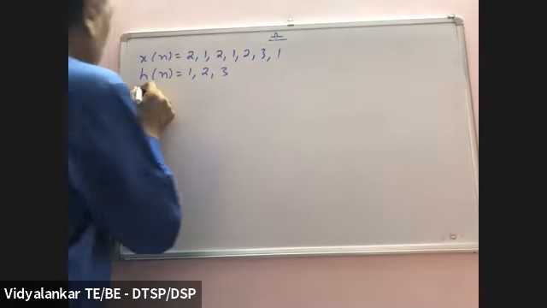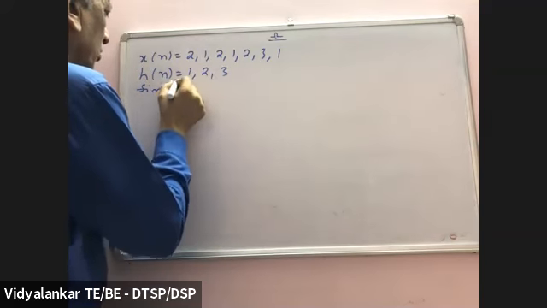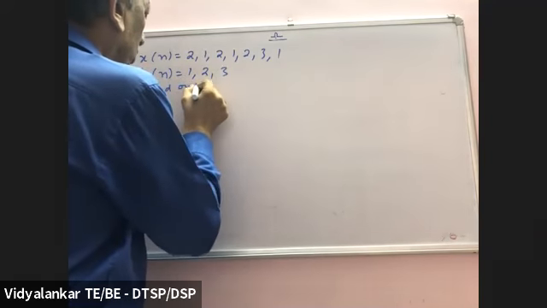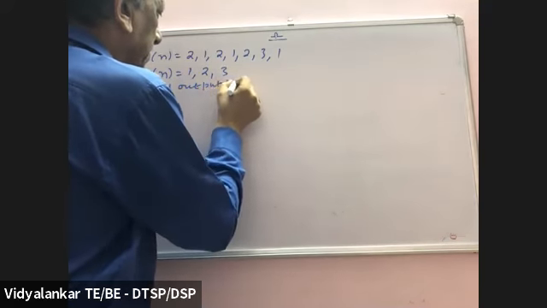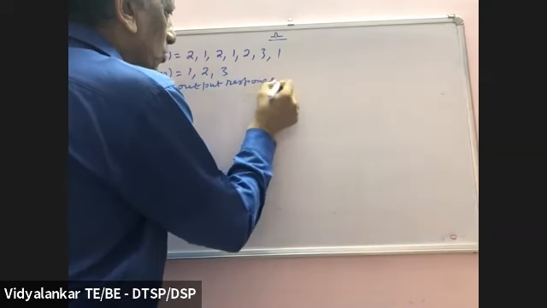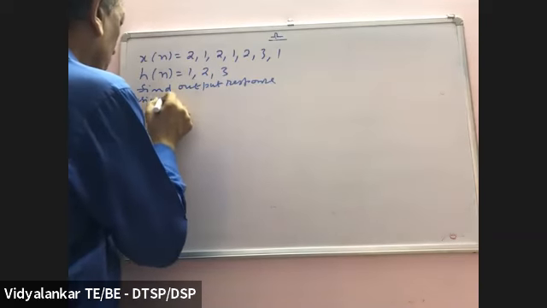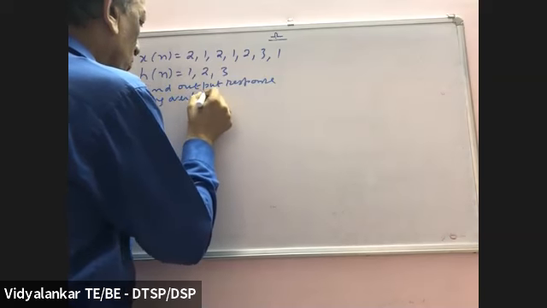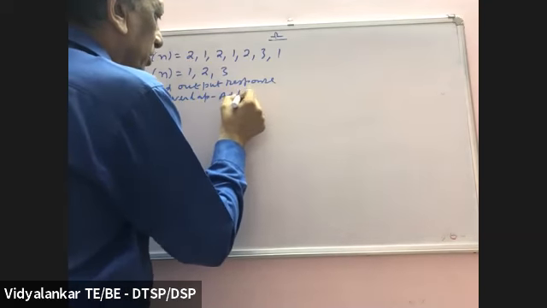Find the linear convolution output response using overlap add method.